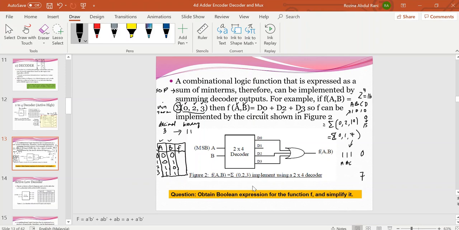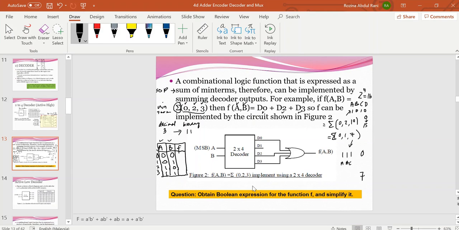Back to this example, for this one we only have 2 input variables, which are A and B. The Boolean function for this one is the sum of 0, 2, and 3.